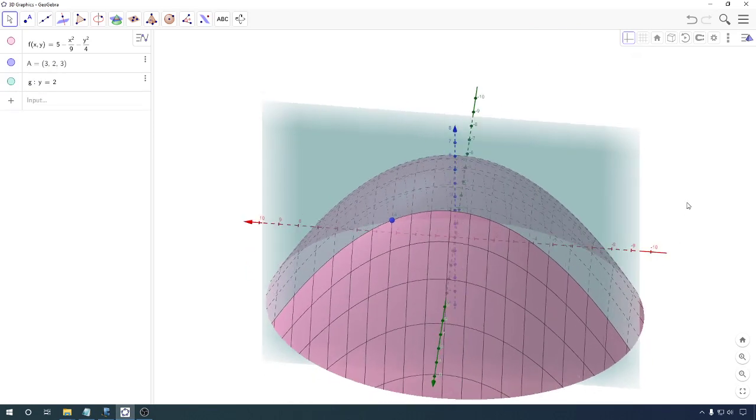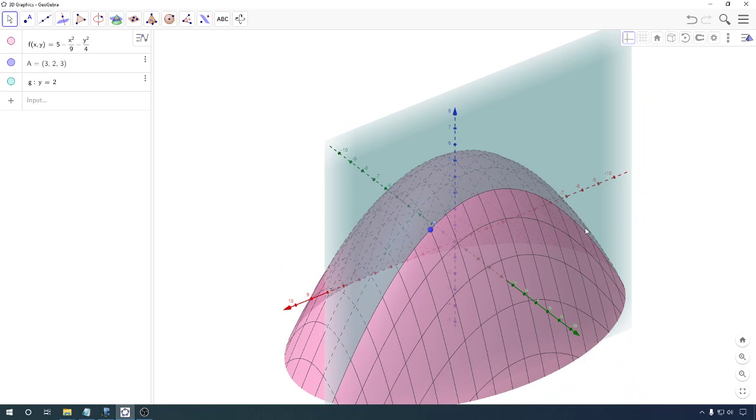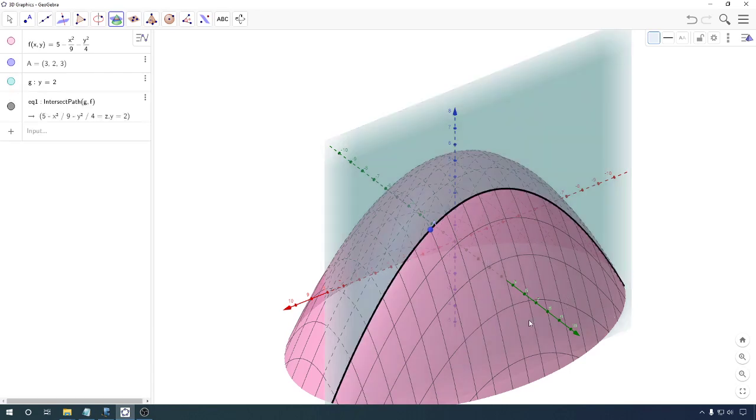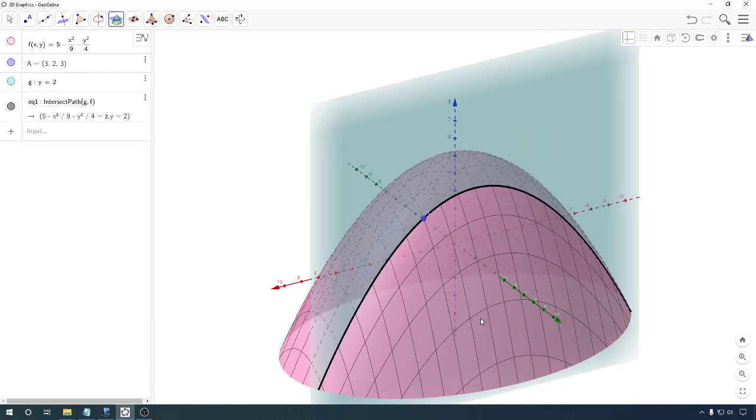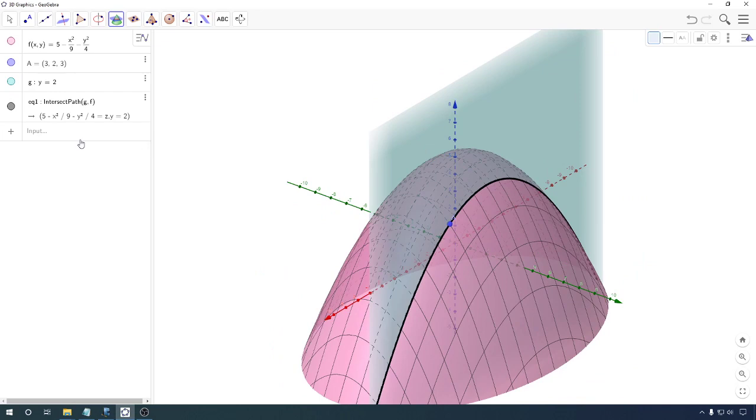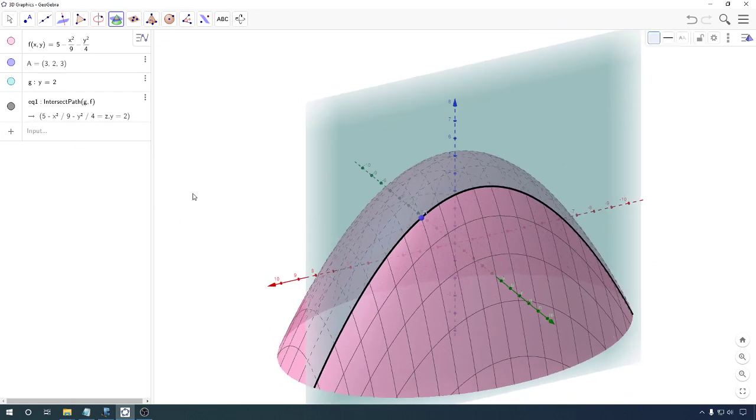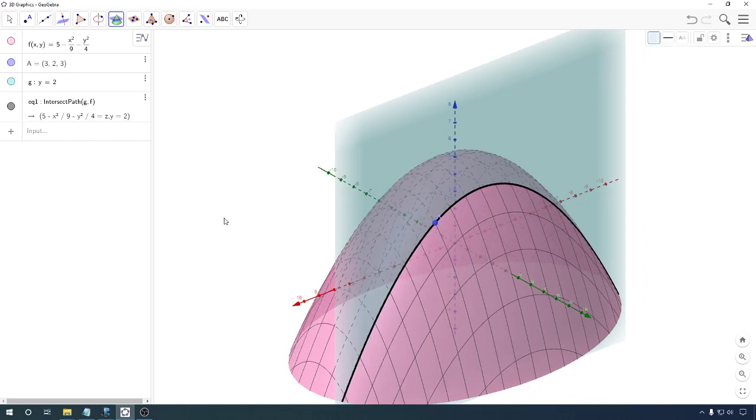This plane intersects our surface in a curve. There is a curve here. And in fact, GeoGebra is nice enough to allow us to select those two and find an intersection of them.